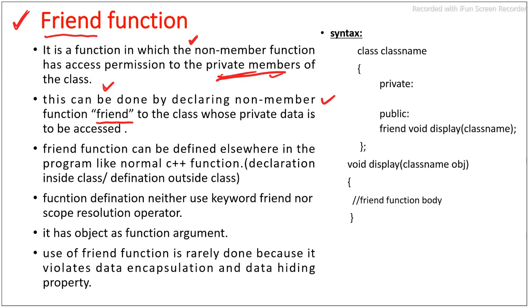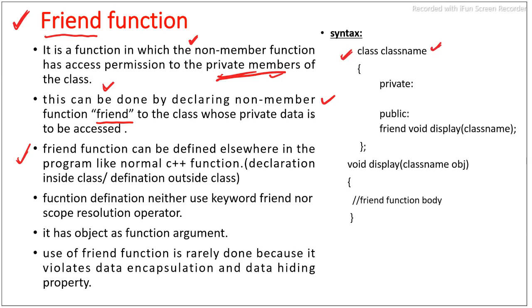A friend function can be defined elsewhere in the program like a normal C++ function. The declaration is inside the class and the definition should be outside the class. In the syntax of this friend function, you can see we have taken a class and the class name we need to mention.